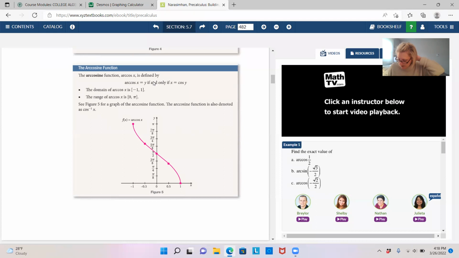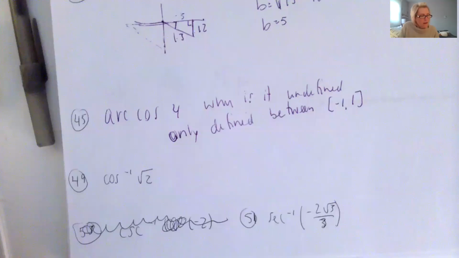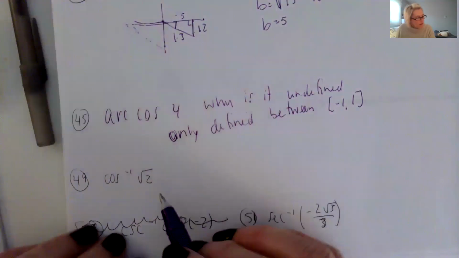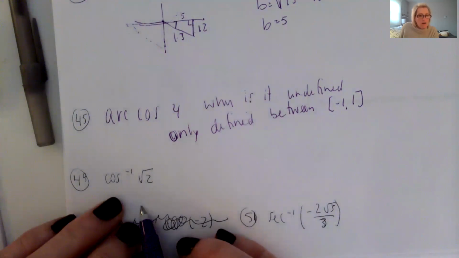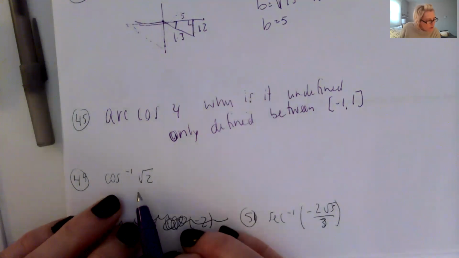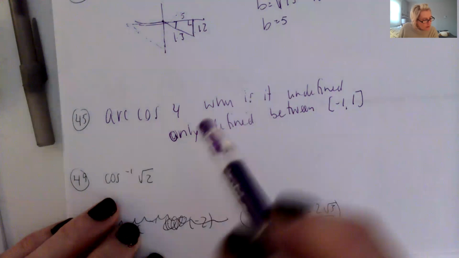And then again, 49. 49 is asking us to find the exact values of the given expression. So we're going back to some evaluations here. 49 says, find the exact value of cosecant of a -1.